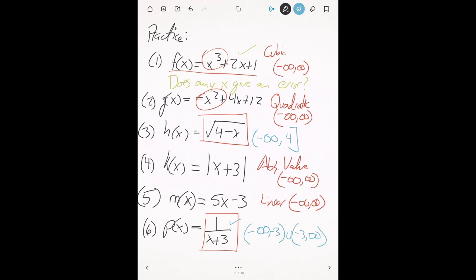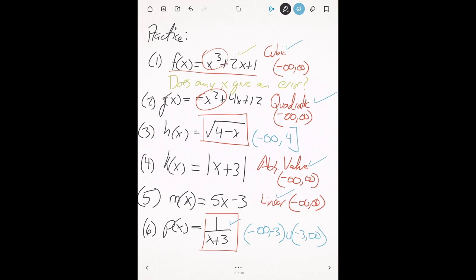Okay, hopefully this is starting to make sense to you. The big idea with this section is, as opposed to having to go and actually look at the graph, test a bunch of points and waste time, we can look at these very rapidly and determine what the domain is. Anytime you have something that's cubic, quadratic, absolute value, linear, constant, whatever, you know for a fact that the domain is negative infinity to infinity.